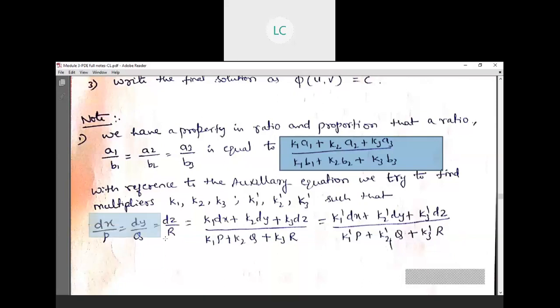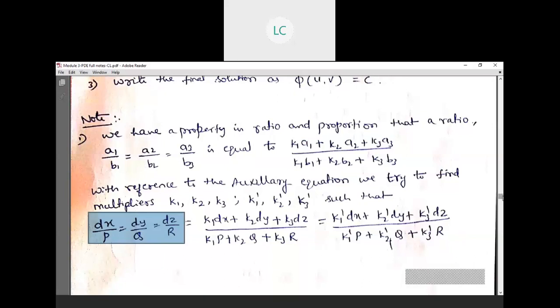So this is in general, and this is our Lagrange's auxiliary equation. Here we can choose multipliers: one multiplier, two multipliers, three multipliers, as many as you want. But here two multipliers are enough.